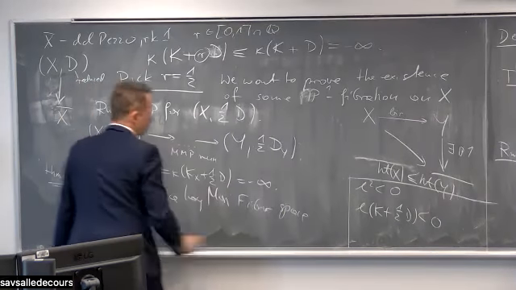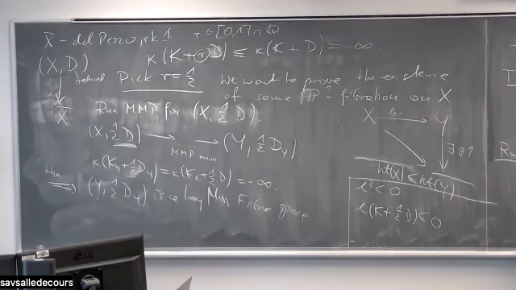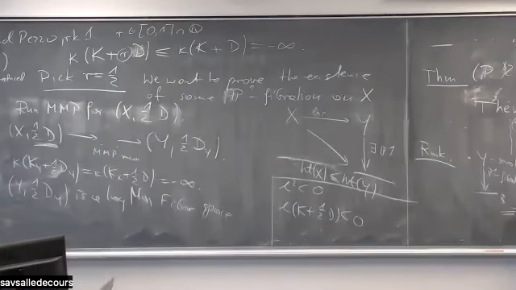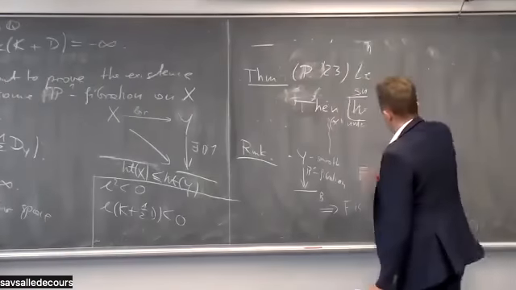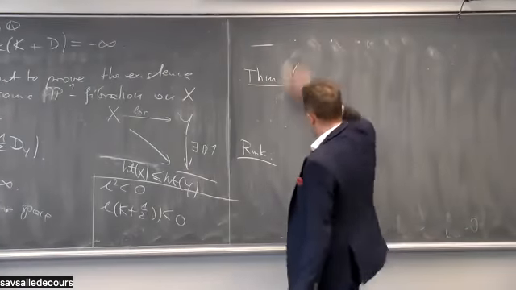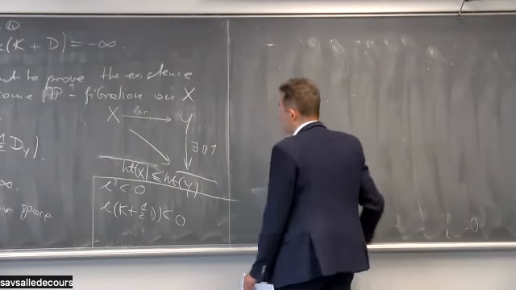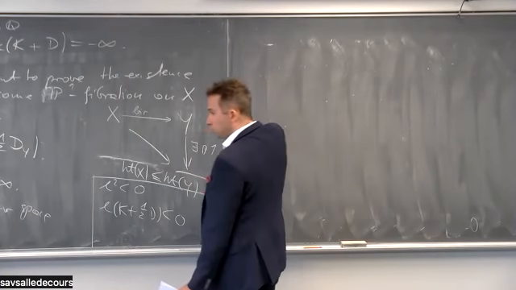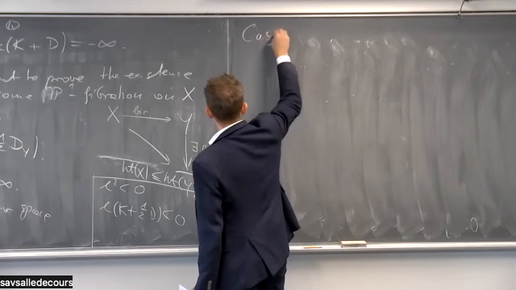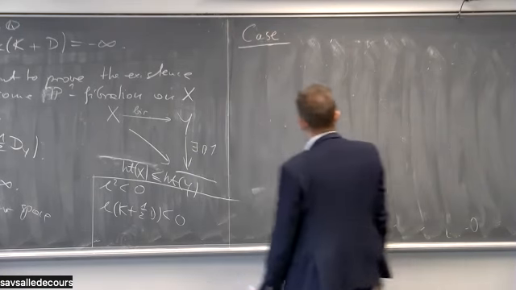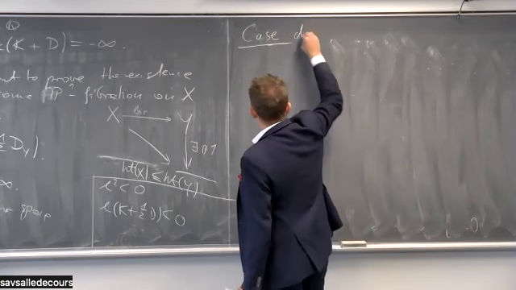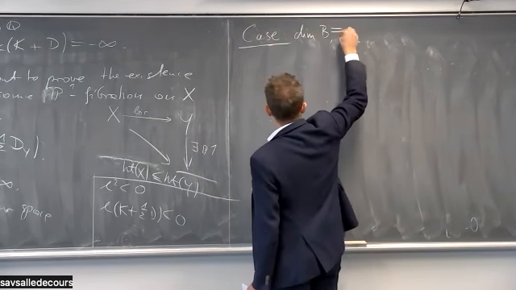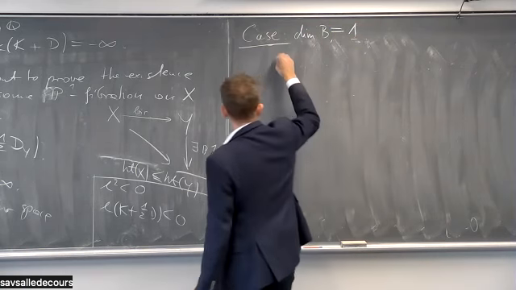Let's just read the condition. So, as you remember, there are two cases. I will only discuss one. I need 5 minutes, okay? Case, the dimension of the base is 1. So what do you have?